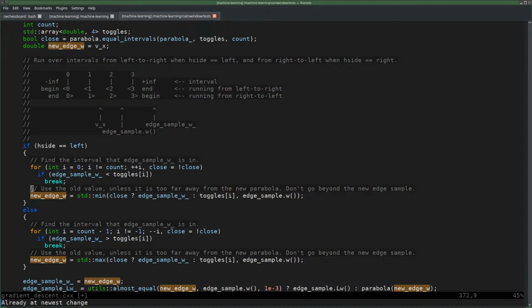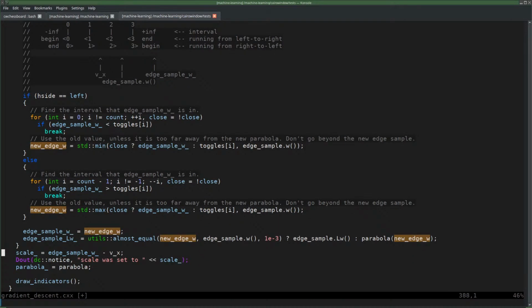Well, that means that it is always set, so I don't need a default here. Ridiculous default. And then, what was about this?